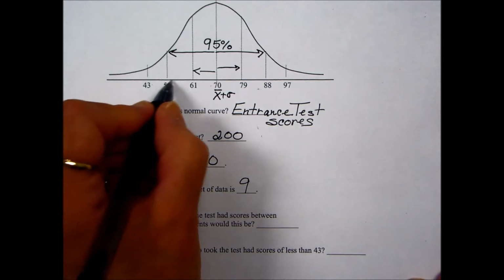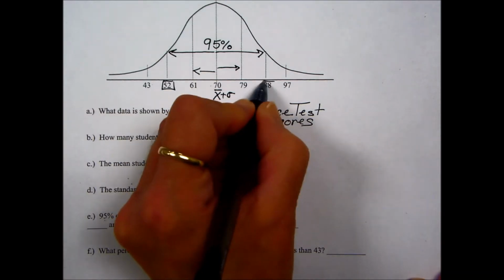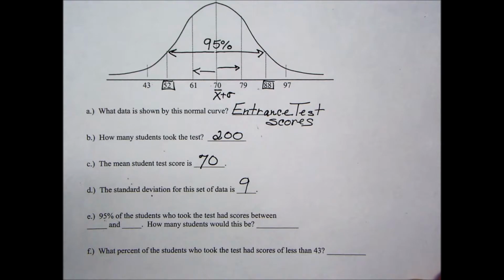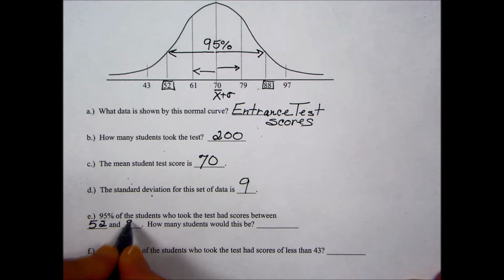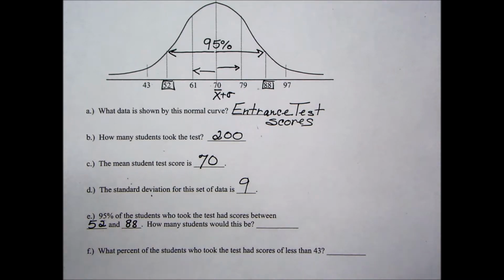And if we look at those boundaries for the lower and the upper, for 95%, we will answer a low of 52 and 88. So 95% of the students scored between a low score of 52 and a high score of 88.